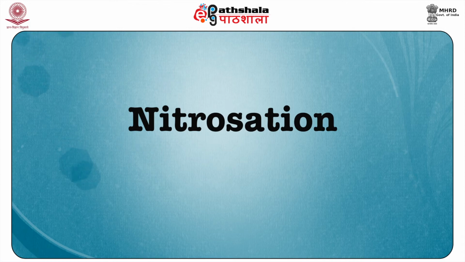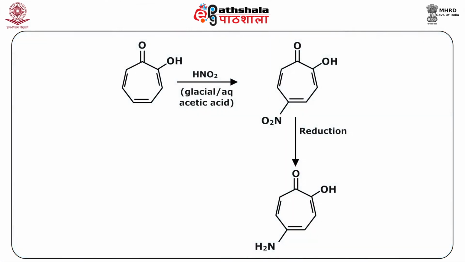Another reaction is nitrosation. When these compounds are treated with nitrous acid in glacial or aqueous acetic acid solution, they convert tropolones into 5-nitroso derivatives. The reaction proceeds in high yield, and the reduction of these nitroso compounds provides the best route to the corresponding 5-amino tropolone.